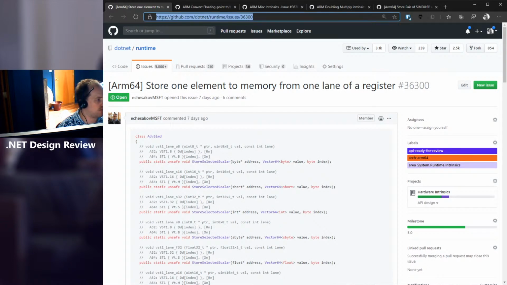This is basically the same API, but rather than load it's store. And same thing, the C++ intrinsic takes address, value, index, but the instruction takes value, index.